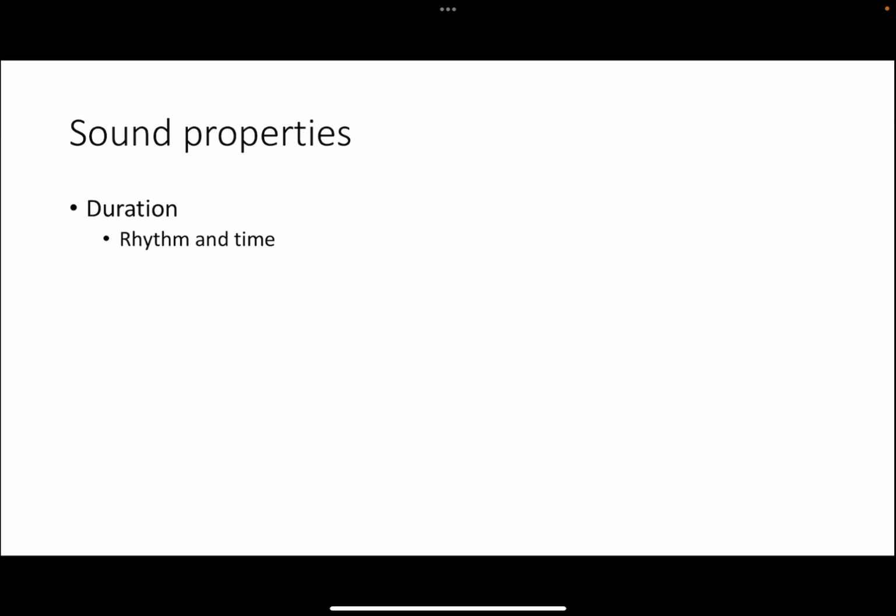Therefore, it leads to the concept of timing, right? You can start a particular sound at a specific time, and therefore you can create a rhythm if you start and stop sound at different times. That is particularly the case when you have an instrument like a drum.